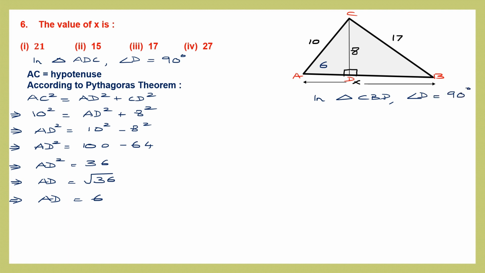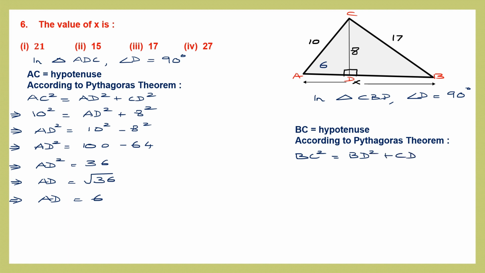So we can take BC as the hypotenuse and apply the Pythagoras theorem. So BC is the hypotenuse, and according to the Pythagoras theorem, we can say BC square is equal to BD square plus CD square.